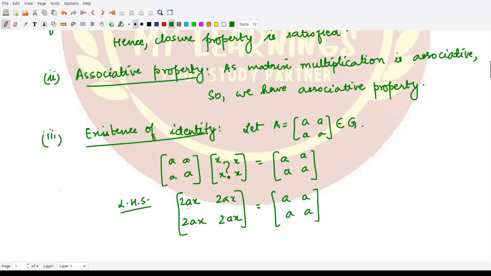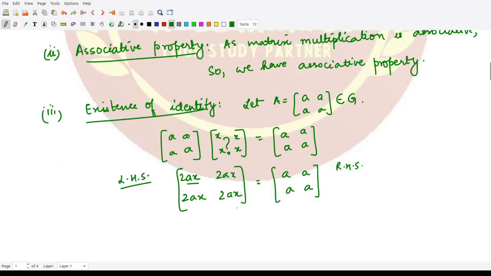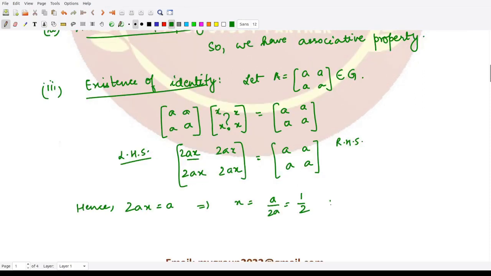Now you can compare the entries, because the left hand side and the right hand side are equal to each other. Hence, from here, 2AX is equal to A. What is the value of X? It is A divided by 2A, which is 1 by 2. So you have got your identity. Now, you might be thinking that the unit matrix is the identity in this case.